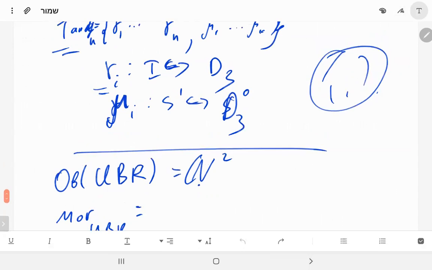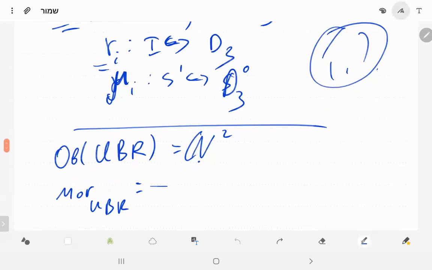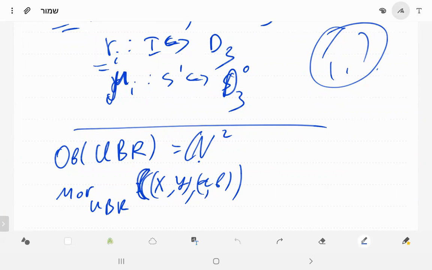So a morphism between the pair x, y and the pair a, b. I think of x, y as x beginnings, x arrows going up, and b going down. So x arrows are going to be the beginning of my string, and y arrows are going to be the end of my string.